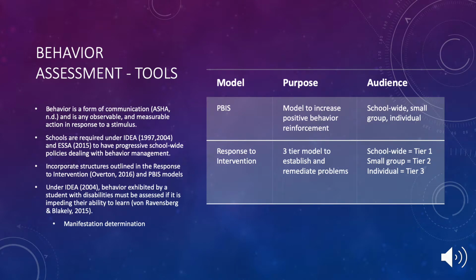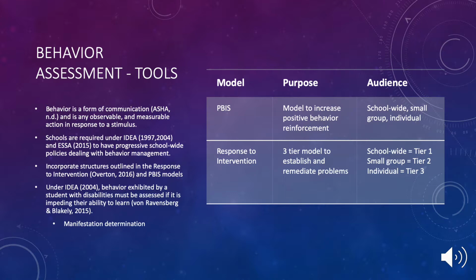The next area we're going to talk about is behavioral assessment. And behavior, it's a form of communication, and it's any observable and measurable action in response to a stimulus. Schools are required to assess for behavior and adaptive behavior under IDEA, and they're supposed to determine if a student is having a lot of negative behaviors, if that behavior is a function of their disability or a manifestation of their disability.